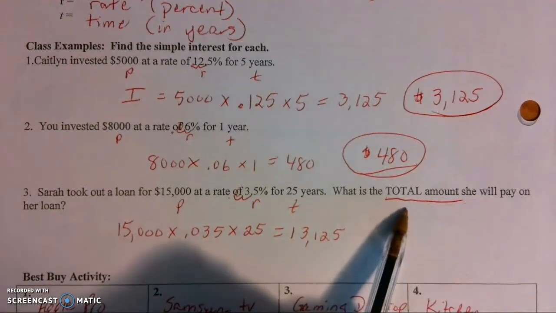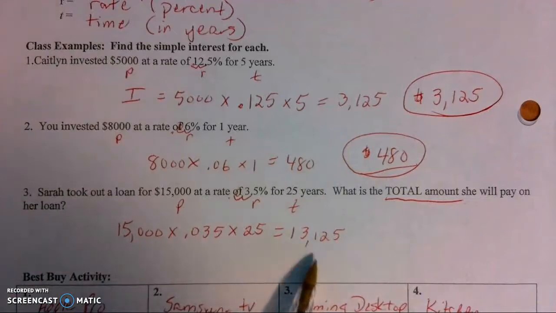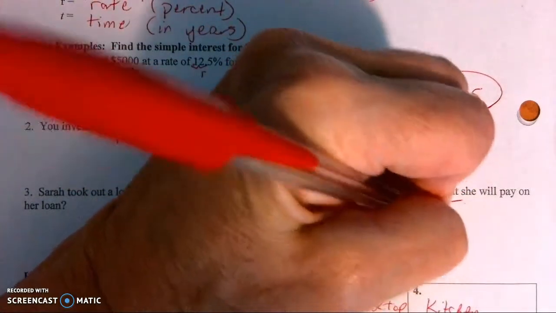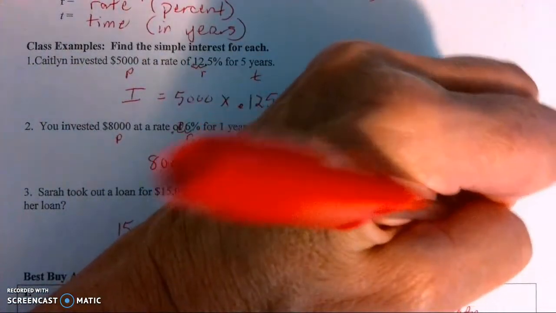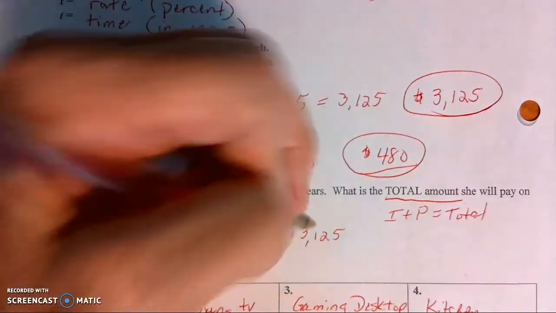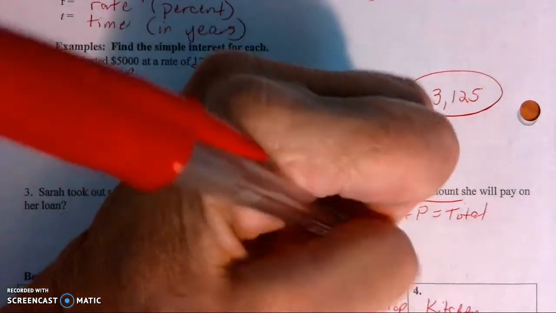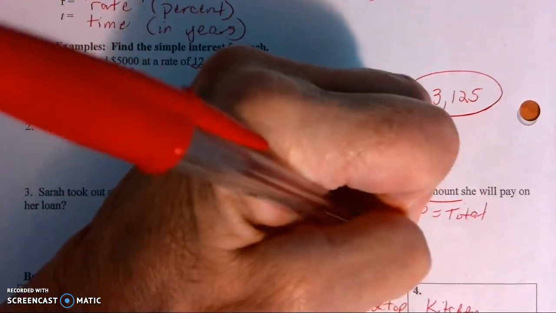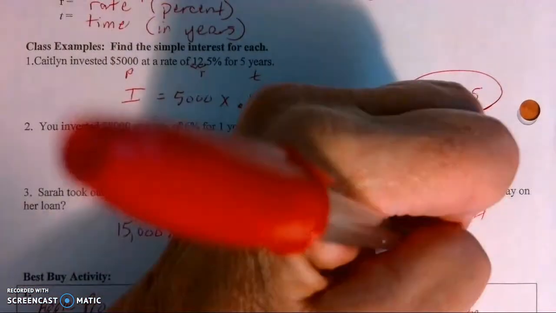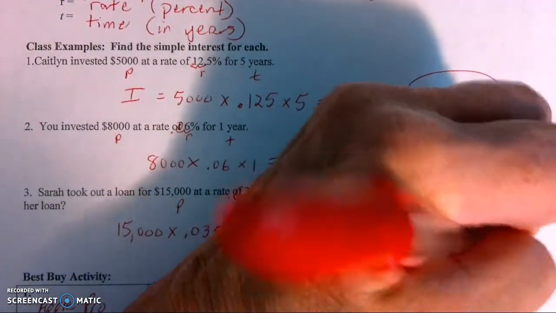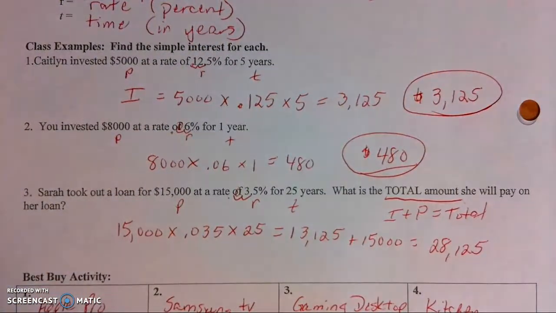But I want to know the total. So in order to find the total, I'm going to have to add the interest plus the principal, and that will equal the total. So 13,125 plus the 15,000 that she borrowed, she's going to pay back $28,125.